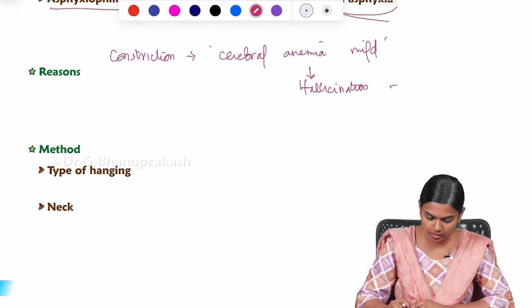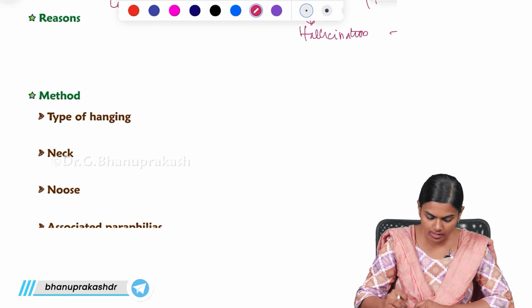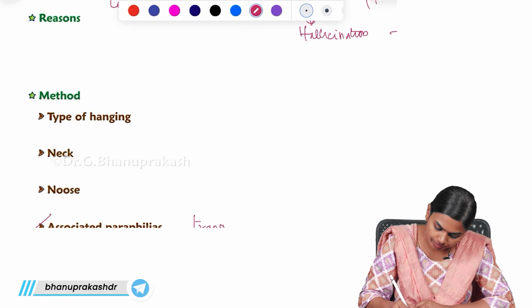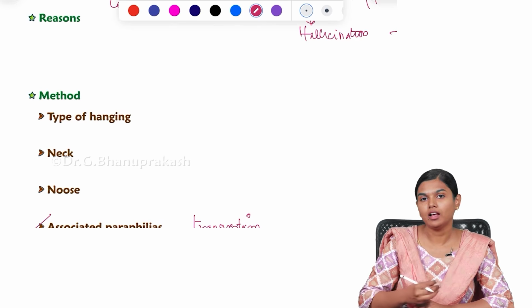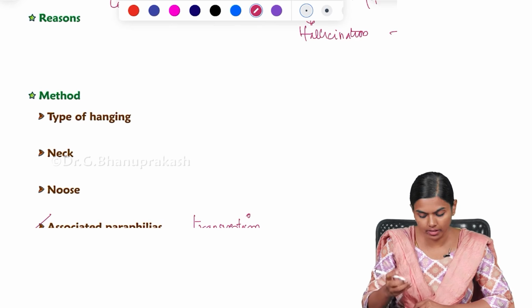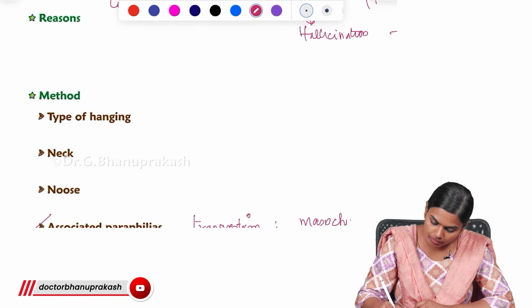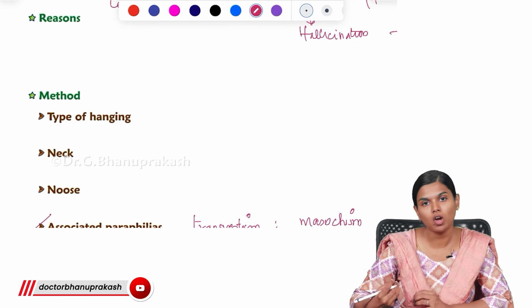And what happens is that in case of this sexual hangings, you usually see some associated paraphilia, that is your transvestism. They will be usually wearing the clothes of the opposite sex, that is your transvestism, and there will also be masochism, like they will experience pleasure by inflicting pain upon themselves.